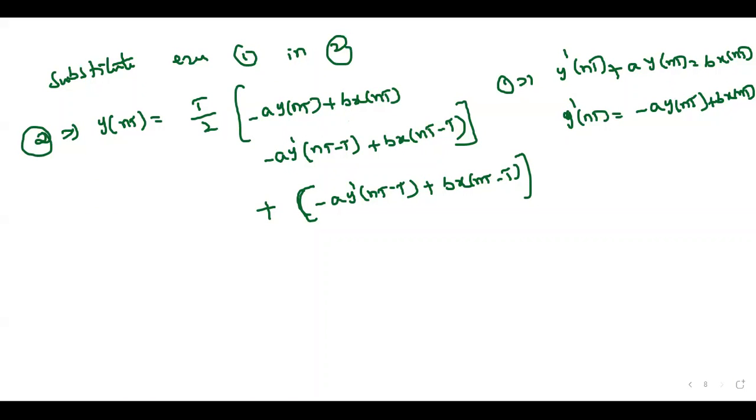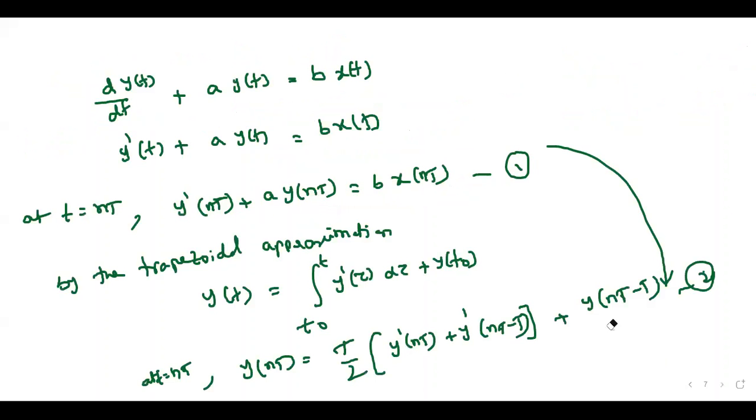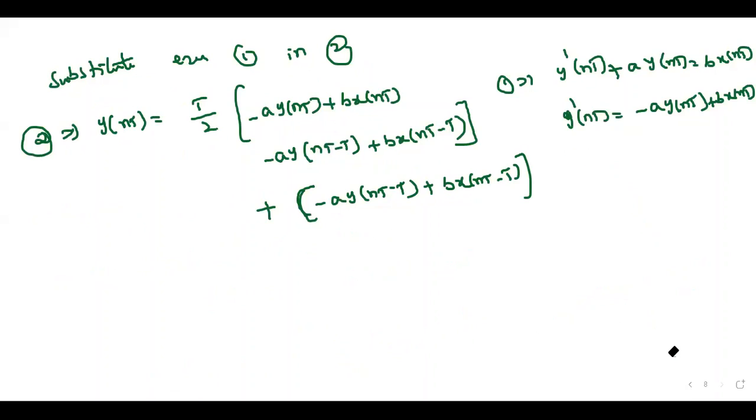This is not dash. This is y of nt minus t only. It's not dash. Y of nt minus t only we should write. The dash is for y dash of nt only.